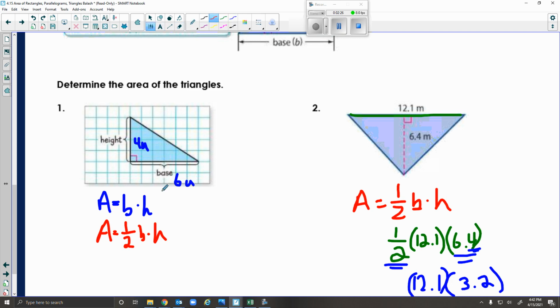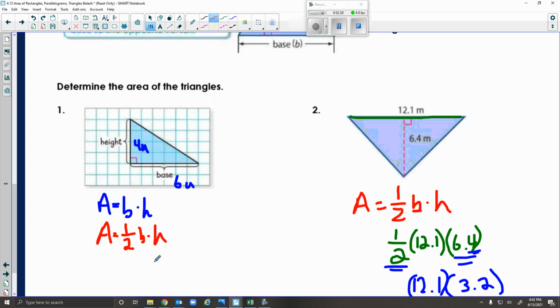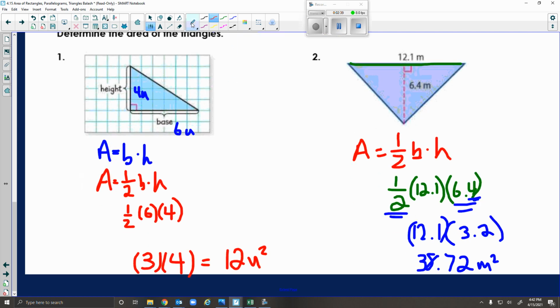If I do 1/2 times the base, which is 6, times the height, which is 4, I can then do a couple of different things. I can either take 1/2 of 6, which is 3, and then do 3 times 4, or I can do 6 times 4 to get 24, and then I can find half of it.